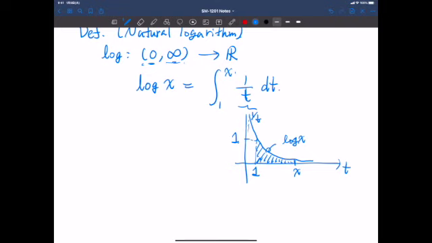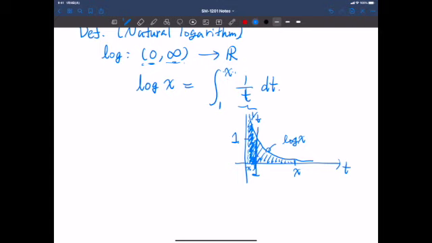In that case, if this is x, then the area under the curve is negated, because if x is less than 1, that is the upper limit is less than the lower limit of this integral, so the sign is inverted, and it's the negative of this area. Okay. And if x is exactly at 1, the value of log x is 0 because it's just this line.